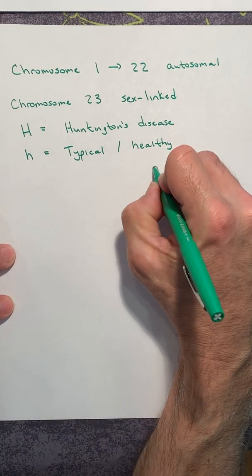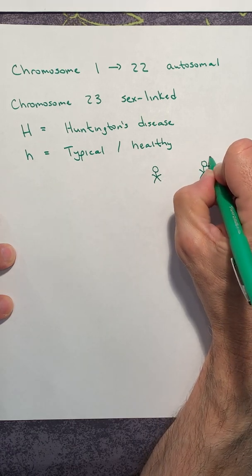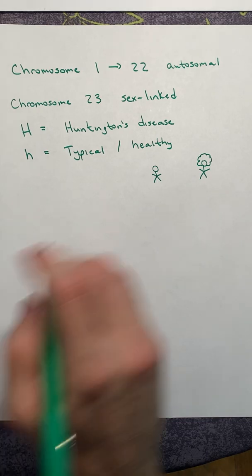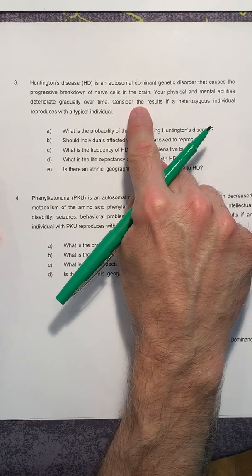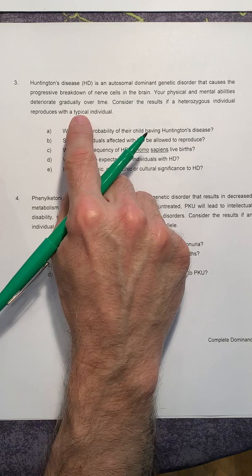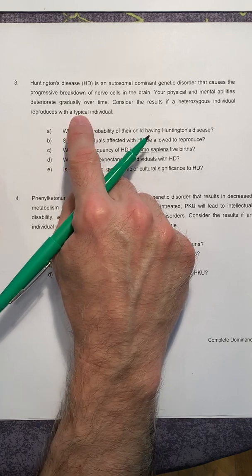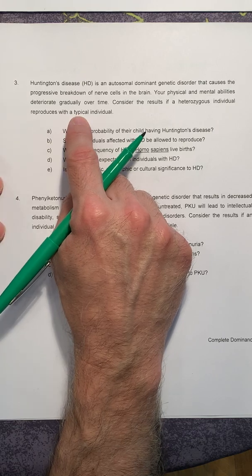Now step 3, we set up our cross. So there's our couple, and let's see what it says. It says, consider the results if a heterozygous individual reproduces with a typical individual. The problem doesn't tell us which is the male and which is the female, so it's totally up to your choice.